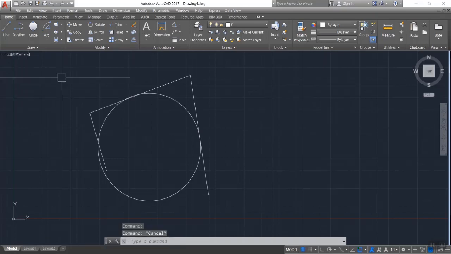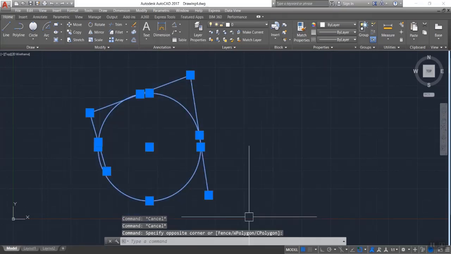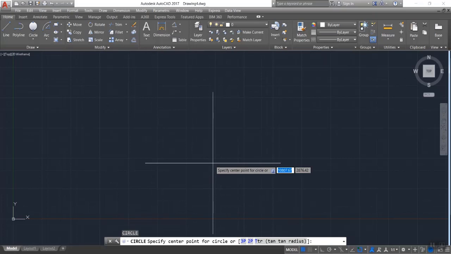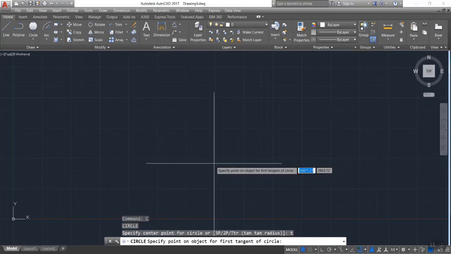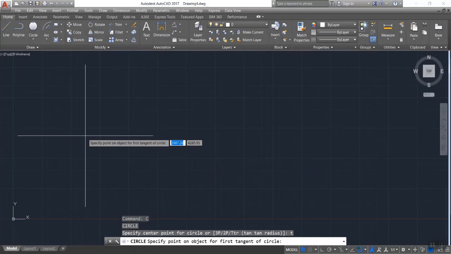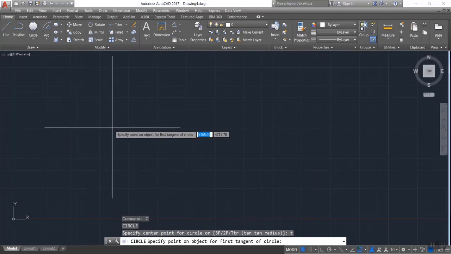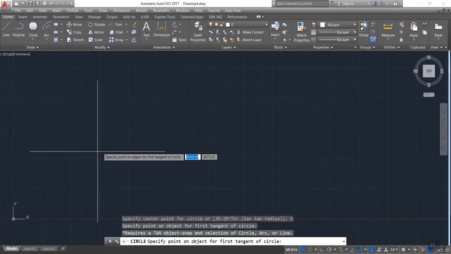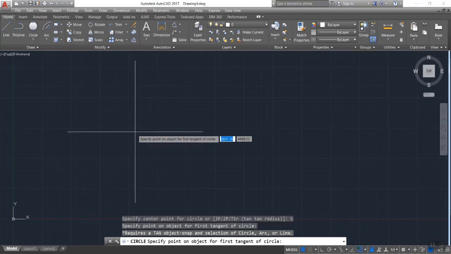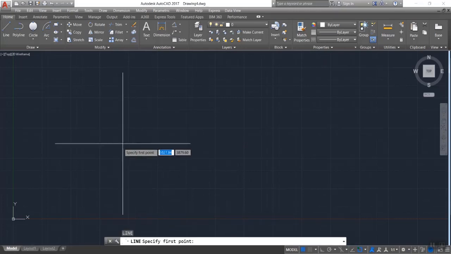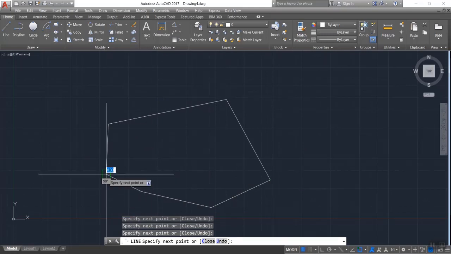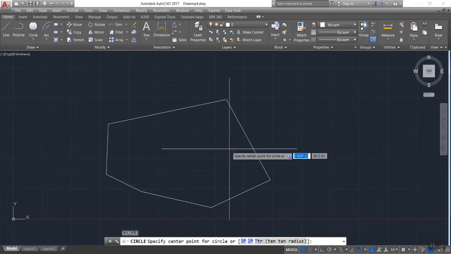The next one is tan radius. For that, C enter, and then it is T enter. Then first we need to specify the tangent of the circle. We need lines. Okay, C enter, T enter.